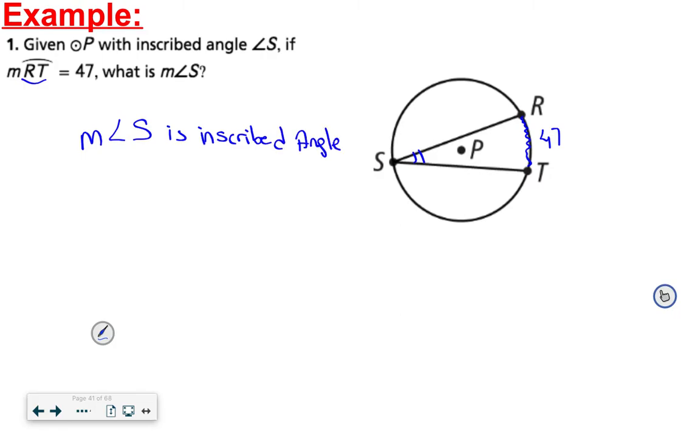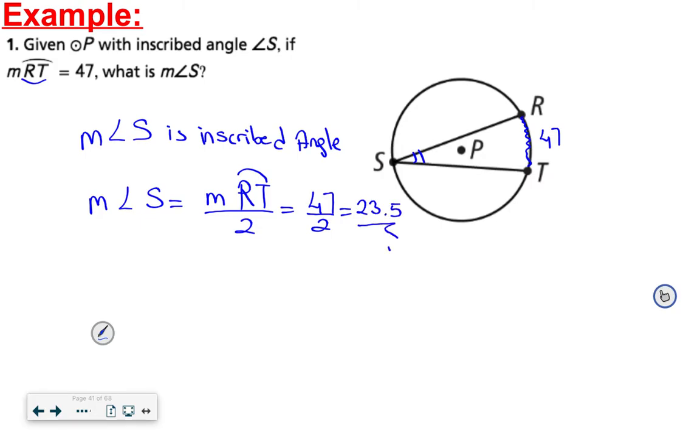So we know that inscribed angle is half of the intercepted arc. So measure angle S is going to be the measure of intercepted arc RT over 2. From here, 47 over 2 will be equal to 23.5 degrees. This is the answer.